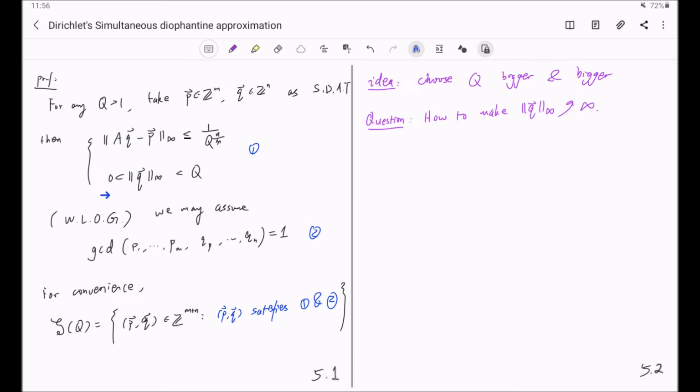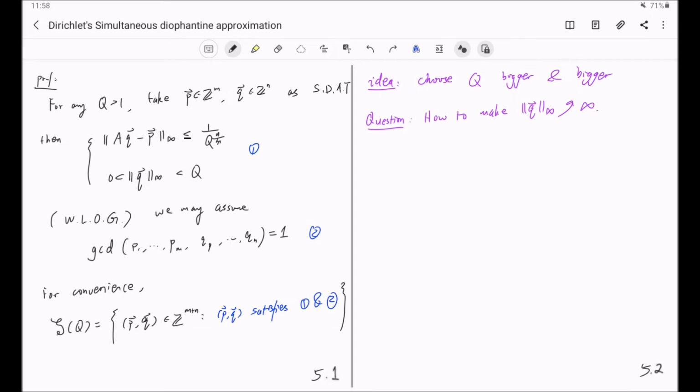If you just look at the second part of equation 1, if Q is big, the norm of this will also be allowed to be big. But it doesn't necessarily mean the norm of this has to be big. So somehow the first line of this equation will play a more important role.